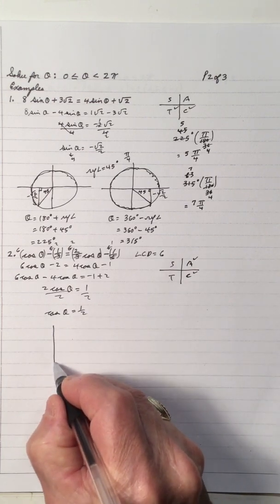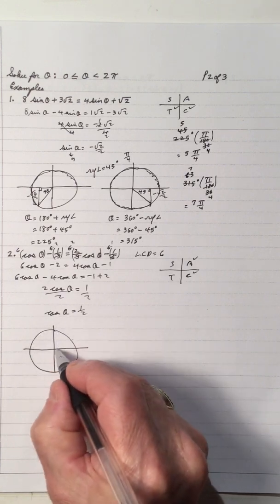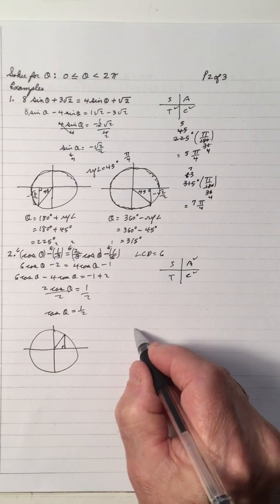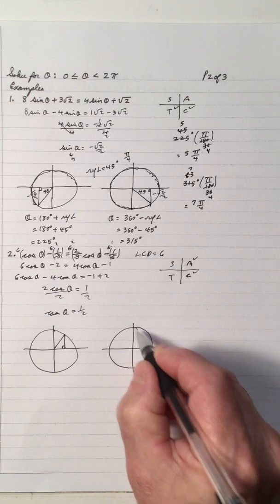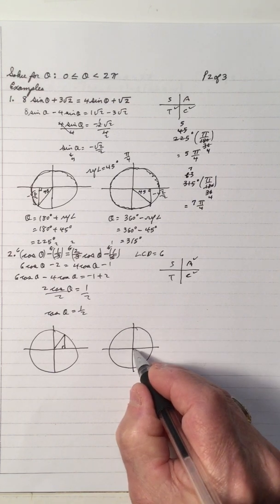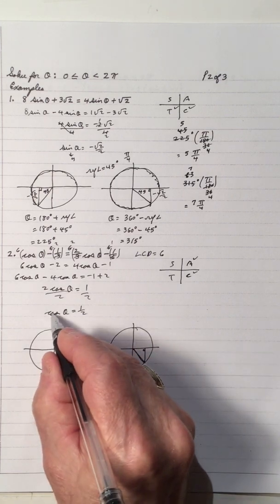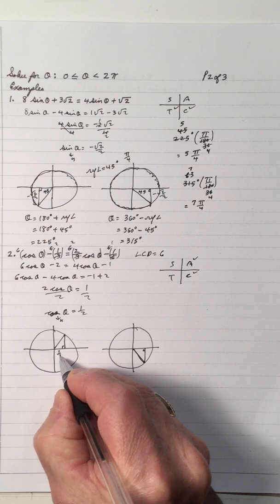So we'll draw the diagrams in quadrant 1, which is right here with the terminal arm perpendicular to the x-axis. And we'll draw it also in quadrant 4. That's the terminal arm perpendicular to the x-axis. And cos is associated with the x, so the x is 1/2.